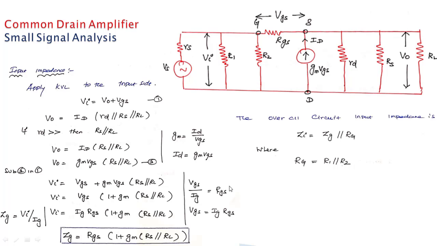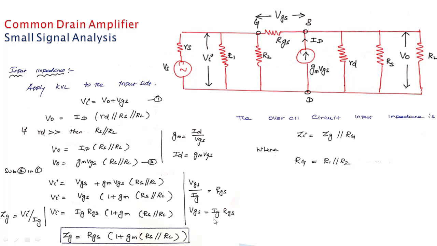Even though the RGS value is very very large and IG is very negligible, and practically IG will be 0, VGS by IG is equal to RGS. So from this VGS can be written as VGS equal to IG into RGS. So substitute this VGS is equal to IG into RGS. So in this equation we are going to calculate RGS.